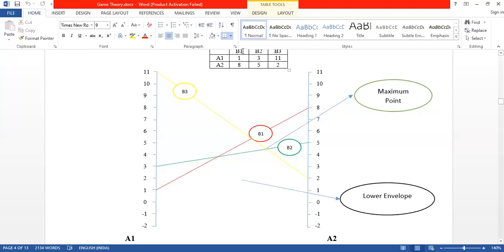I have located for B1: on A1 it is 1, on A2 it is 8, and 1 and 8 are connected, right? You need not draw with a different color. For better understanding, I have just done it with a different color, right?